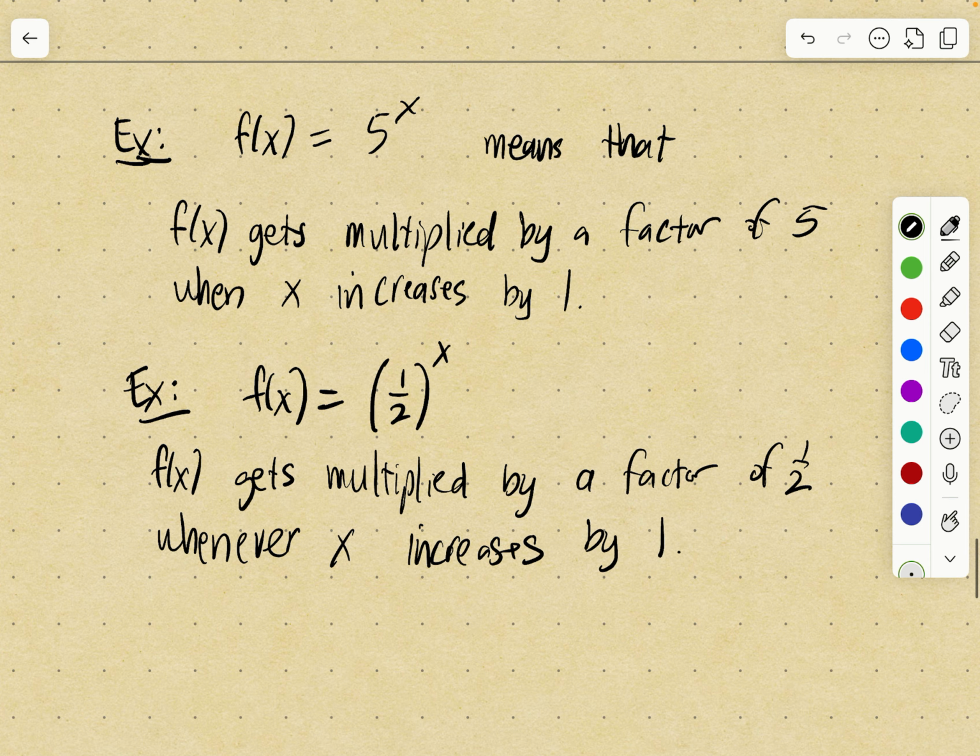Another way of saying gets multiplied by 1/2 is that it gets halved. So your y values get halved every time x goes up by 1 when your function is 1/2 raised to the x power.